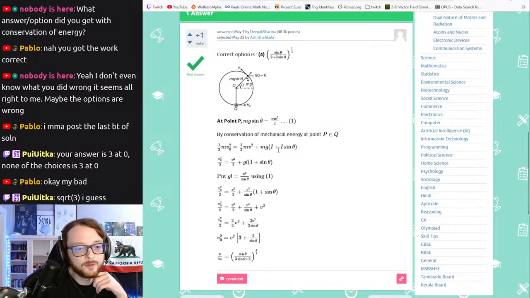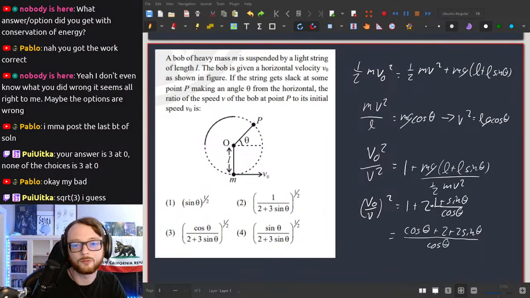I don't know how to verify that part of the problem. Apparently the only thing we have to do is replace sine theta with cosine, or cosine theta with sine theta. I don't know why.